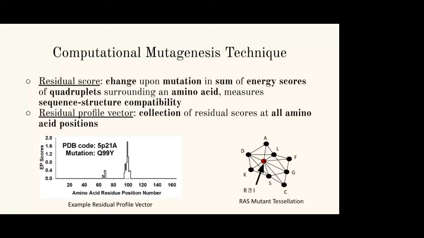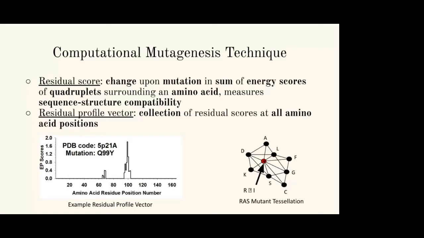And we would look at every group of 4 amino acids, like the red dot and DAL, the red dot and ALF, and all the quadruplets of amino acids. For each of those quadruplets connected to that central amino acid, we're able to assign an energy score to each one. And then ultimately the residual score was, for that particular amino acid in the structure, the sum of all those energy scores of each of those quadruplets. So that was the residual score.